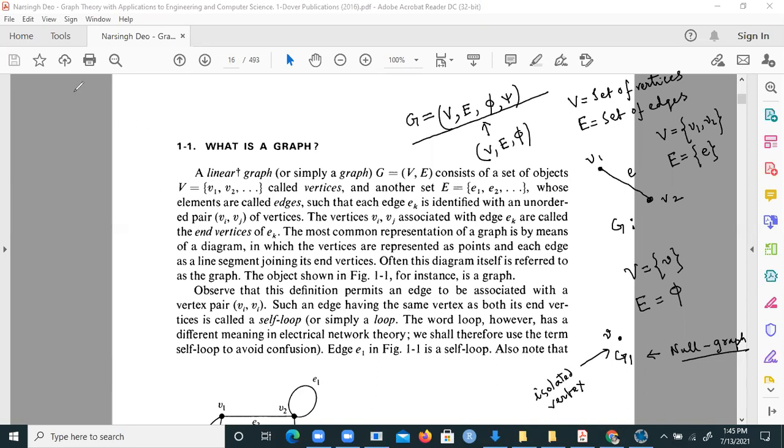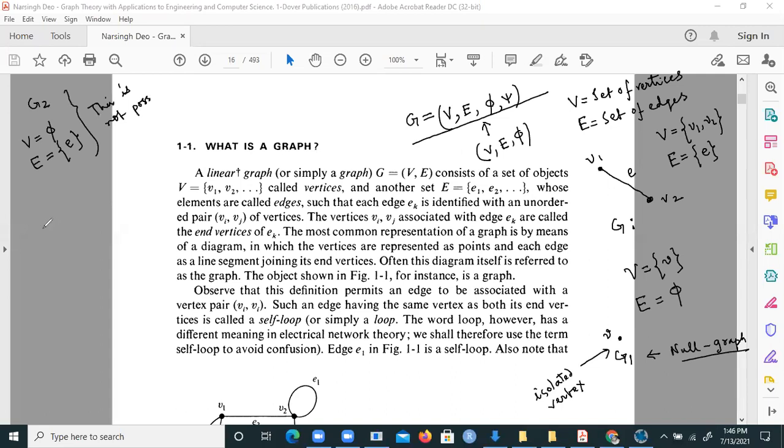But you cannot consider a graph G2 where the vertex set is the null set and the edge set contains an element, say E, because this is not possible. Why is it not possible?